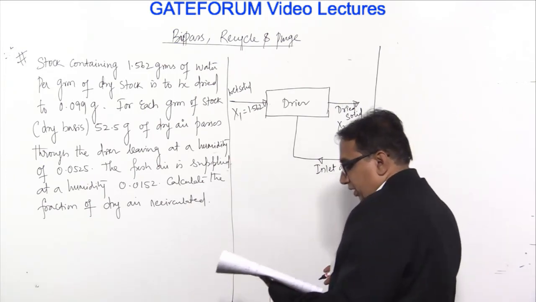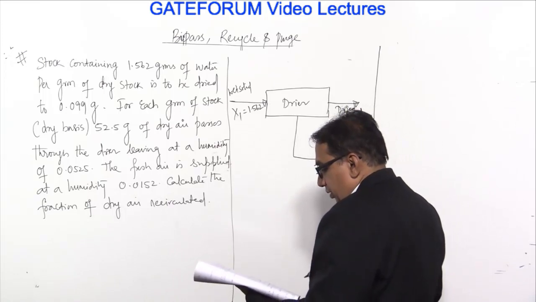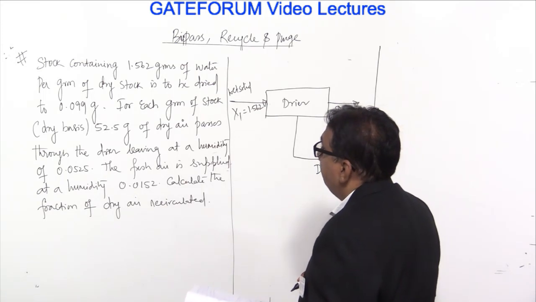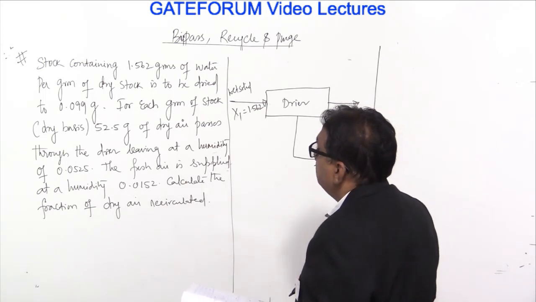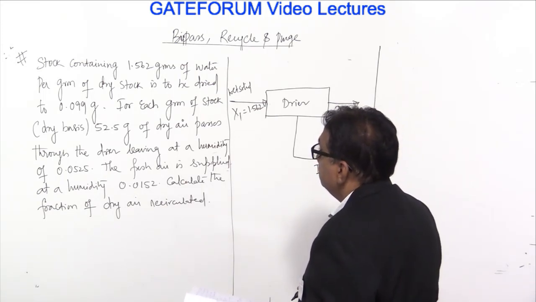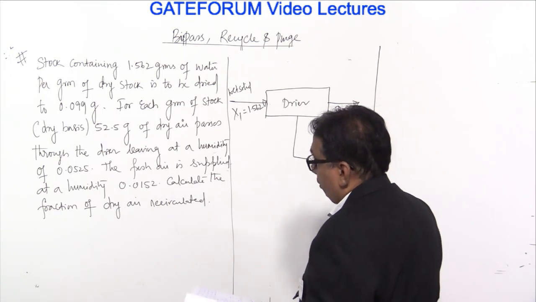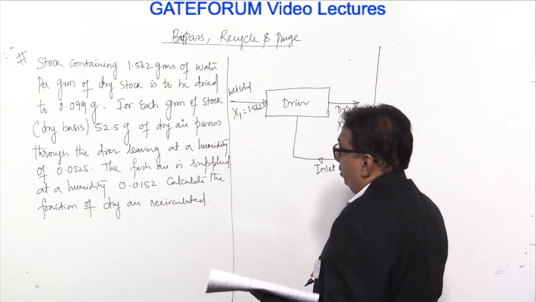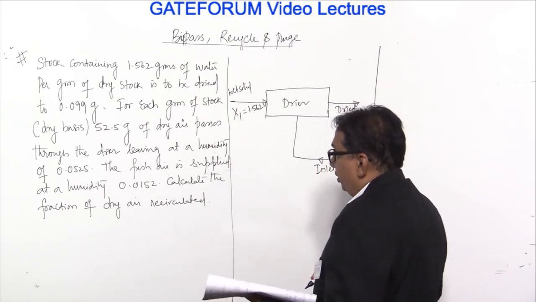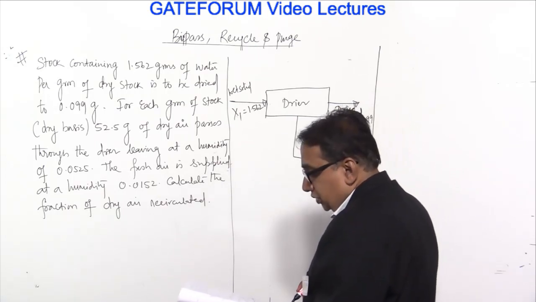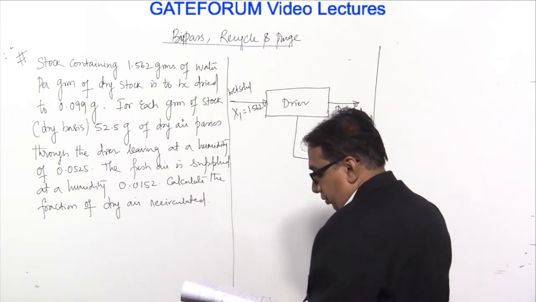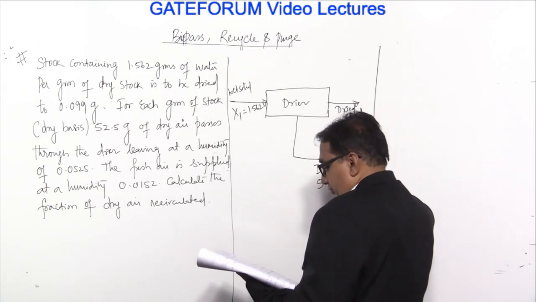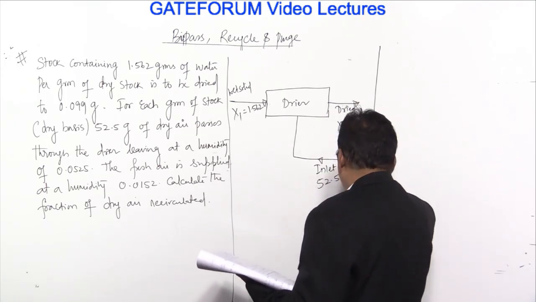So the inlet air is 52.5 grams of dry air.